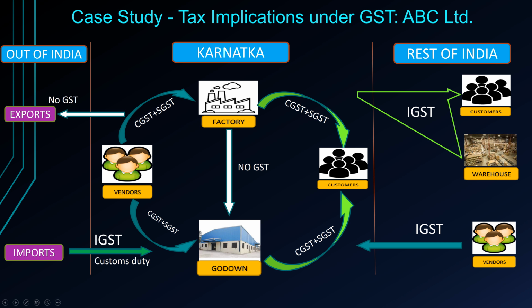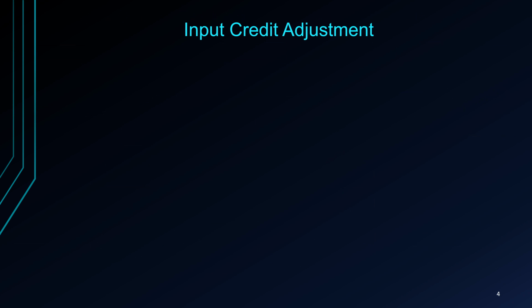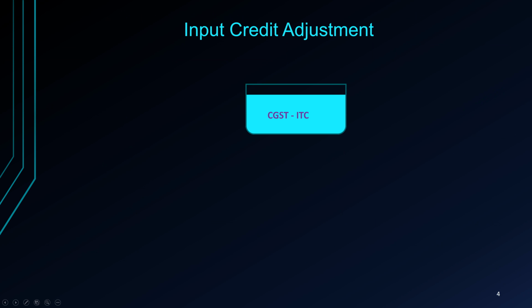So let's look at what the input credit mechanism in GST is. Now we will begin with the CGST input tax credit which is available. CGST input tax credit has to be adjusted against CGST output liability only.